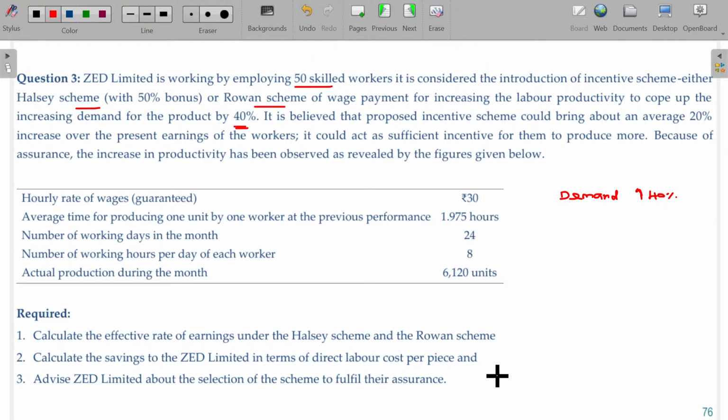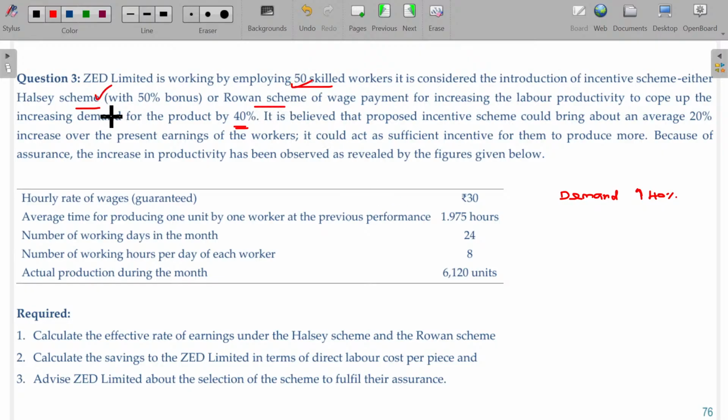As the demand increases by 40%, what the management considered here is introducing the Halsey or Rowan plan. Introducing either Halsey or Rowan plan definitely increases the productivity so that they will now match with the market's demand increase.